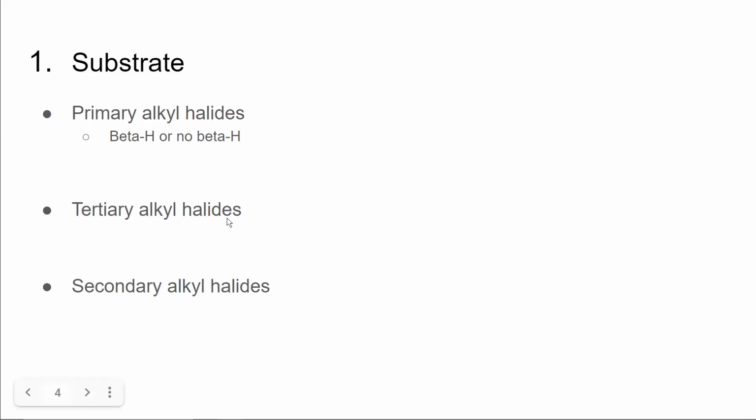Although another thing to keep in mind is that E2 is not going to be as sterically hindered as SN2. So you could potentially see E2 reactions with tertiary acyl halides. Normally, though, the main factor you should think of is carbocation stabilization. Once again, with secondary acyl halides, there's nothing that you can cross out. You still have to consider all the other factors in order to figure out what's going on.